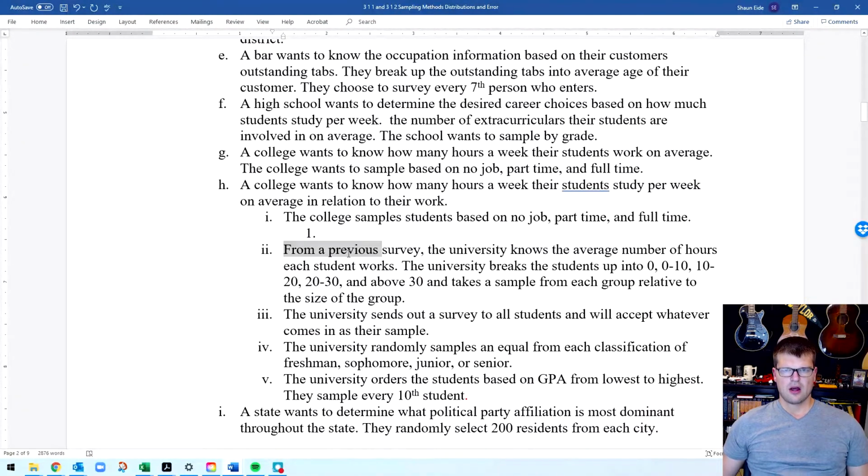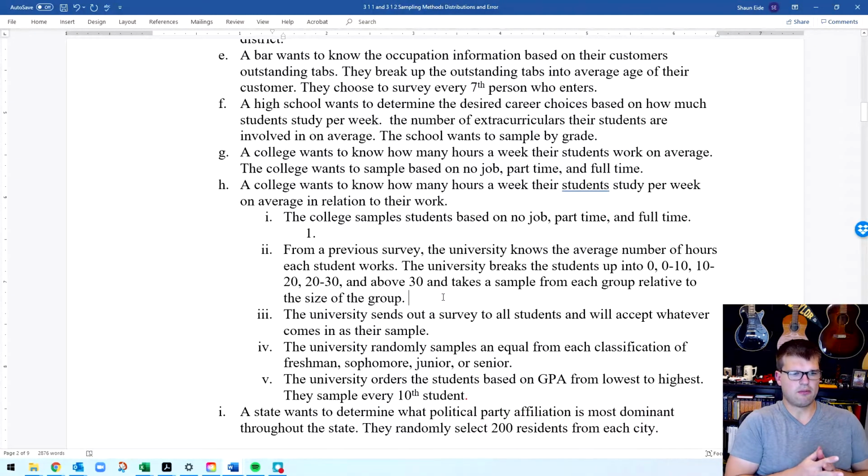Okay. From previous surveys, the university knows the average number of hours each student works. The university breaks the students up into 0, in other words, they don't work, 0 to 10, 10 to 20, 20 to 30, and above 30, and takes a sample from each group relative to the size of the group.